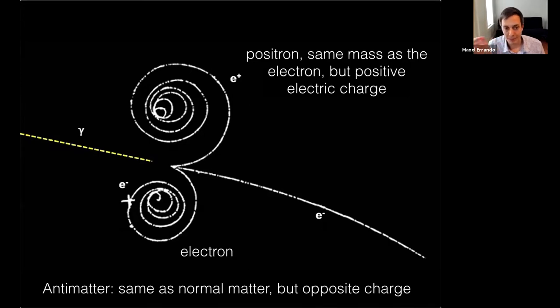And this positron immediately disappears, because what we know about antimatter is that when an antiparticle meets its partner particle, it annihilates. That's why we don't see much antimatter around: if there was any, it would immediately disappear by interacting with matter.